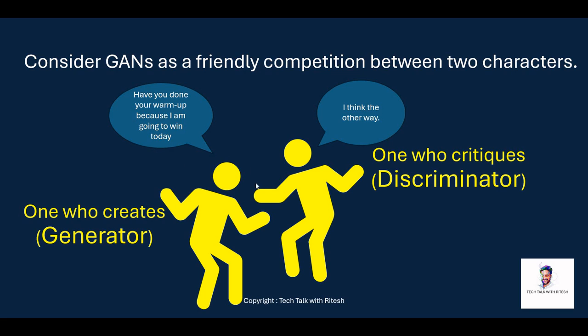They have a healthy fight, a friendly competition, so that based on their fight, one will win over the other, and then the other one will learn what the earlier mistakes were, so that it can improve the next time.